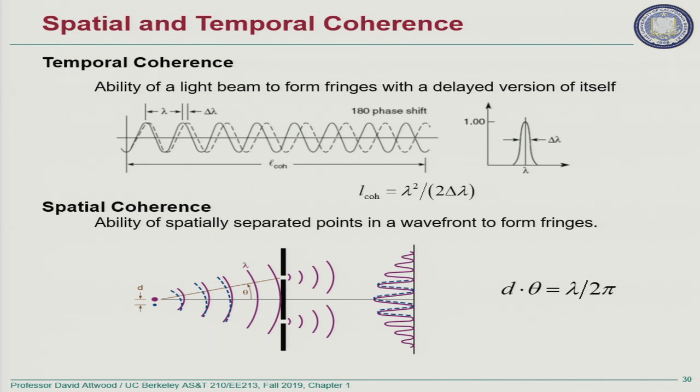This is like the double slit experiment, and on the right-hand side is showing a point and then a second point. If this point grows large enough, it won't be coherent anymore, and you'll see less and less contrast in these interference fringes. Or another way is if you have these two points and move them far enough apart, they're not going to create high contrast fringes anymore.